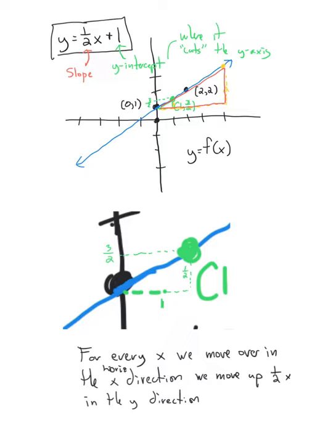So in general, let's see if we can figure this out. So now that we have the equation of our line, y equals a half x plus 1, let me sketch that just once again. So we had the point 0, 0. Here's the point 0, 1 on our line. And we also had the point 2, 2. So let me draw this line again.